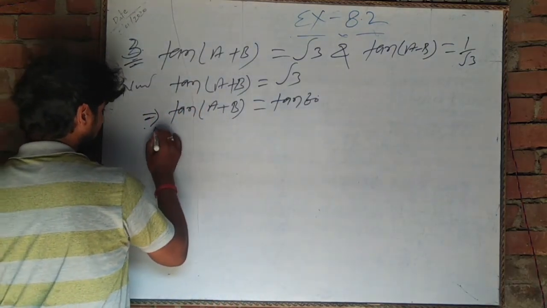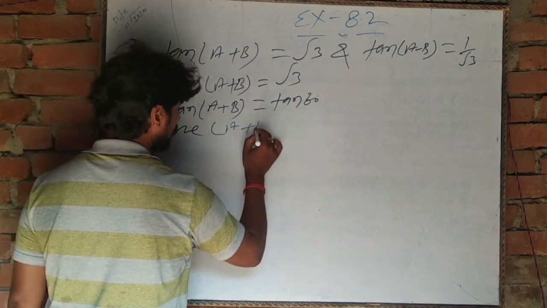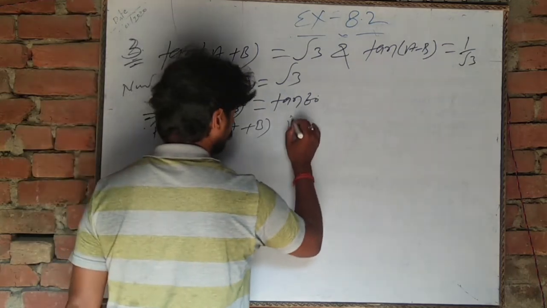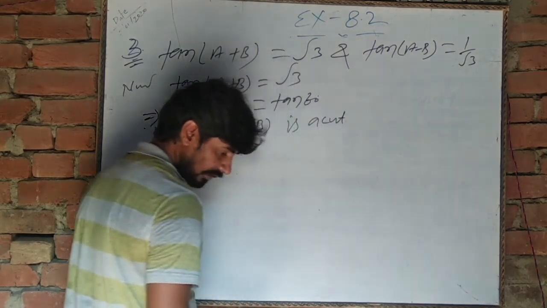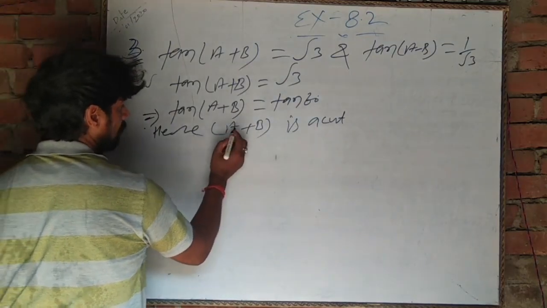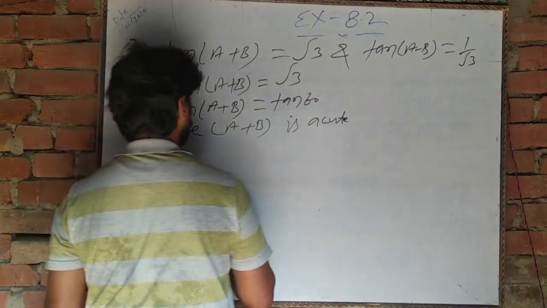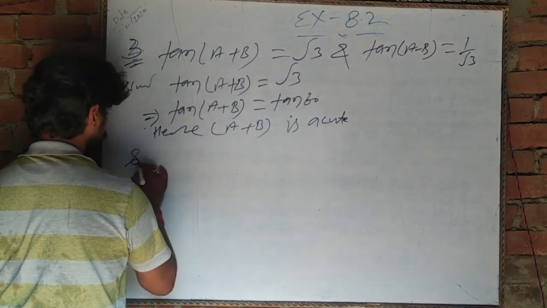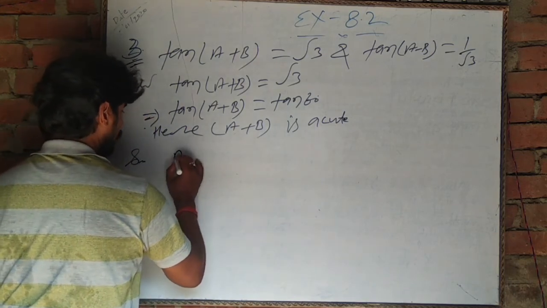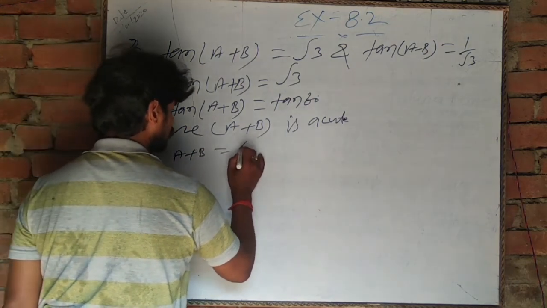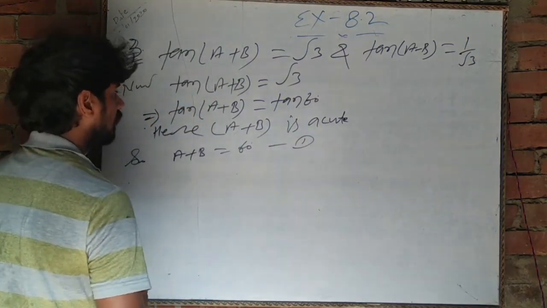Here A plus B is an acute angle. So A plus B equal to 60 degree. First equation.